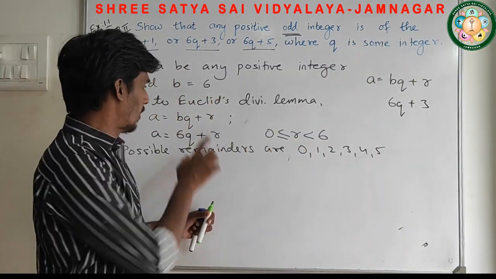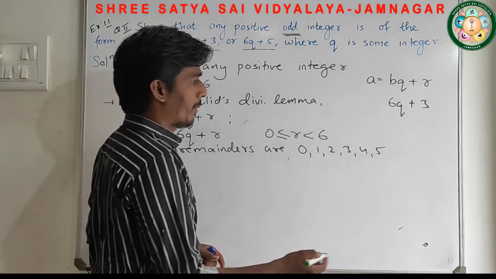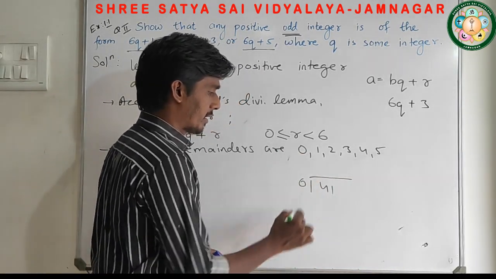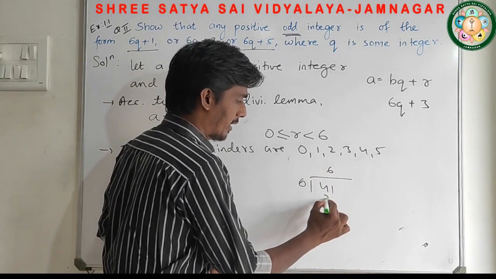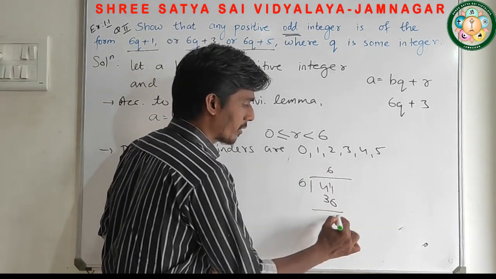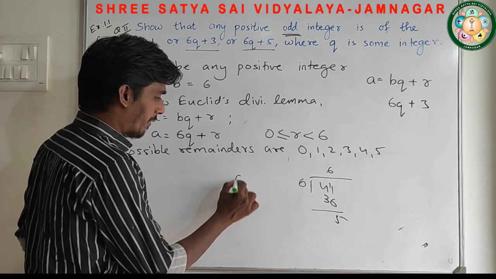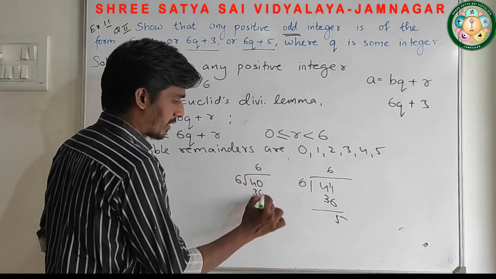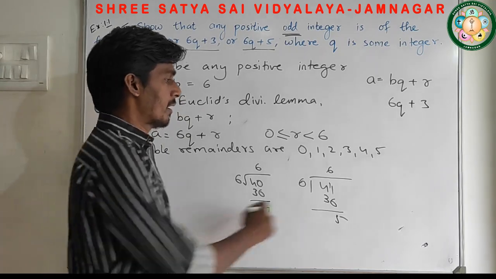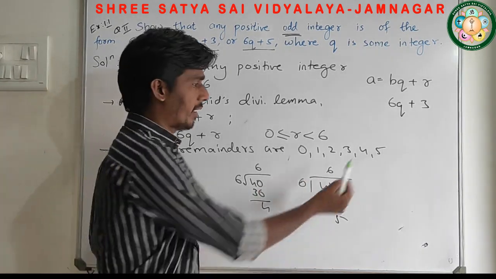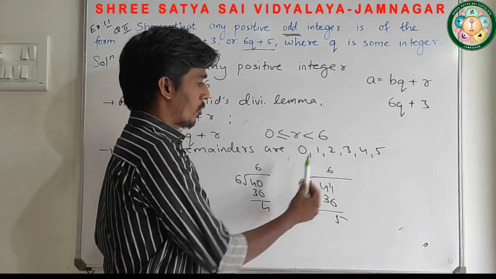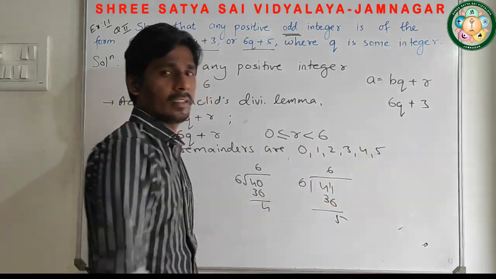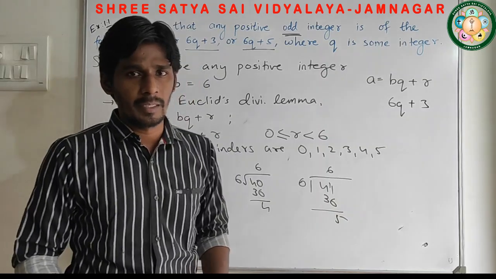If I divide any number by 6, if you take here 41 divided by 6, it's what? 6 sixes are 36 and the remainder is what? 5. If I divide 40 by 6, it's again 6 sixes are 36, the remainder I'll get is 4. Similarly, I'll get all the remainders lesser than 6. So the possible remainders are 0, 1, 2, 3, 4 and 5. So these are the possible remainders.